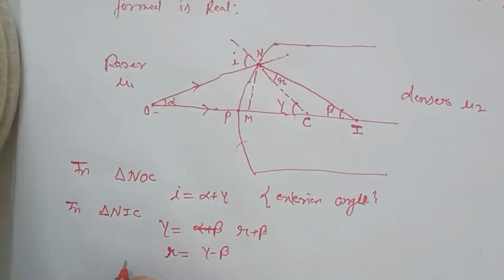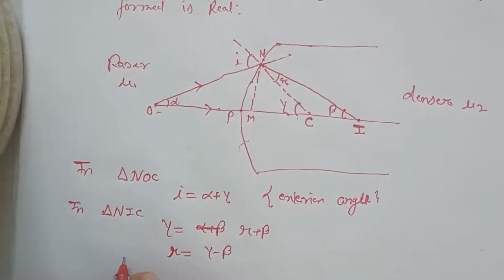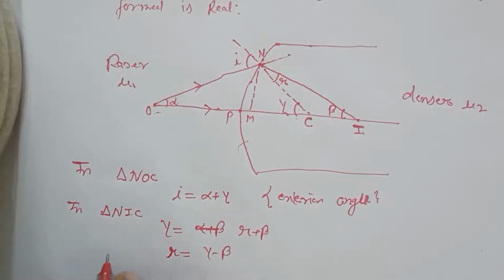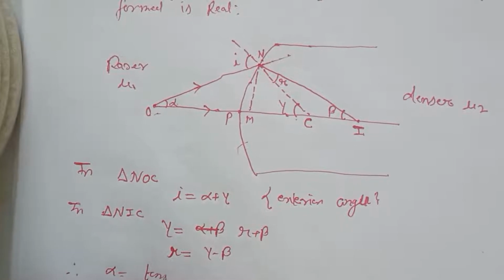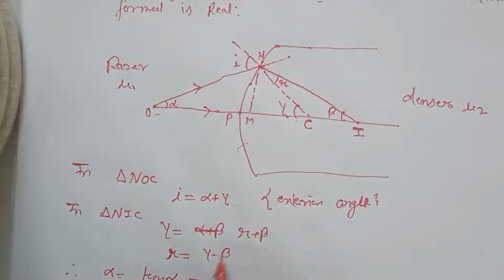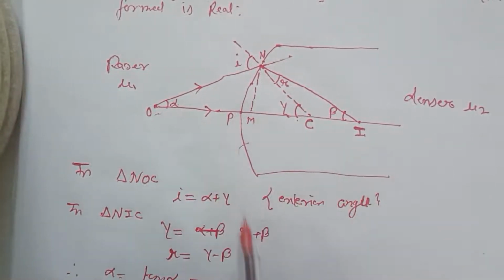Now we find out the values of alpha, beta and gamma in the respective right angle triangles.